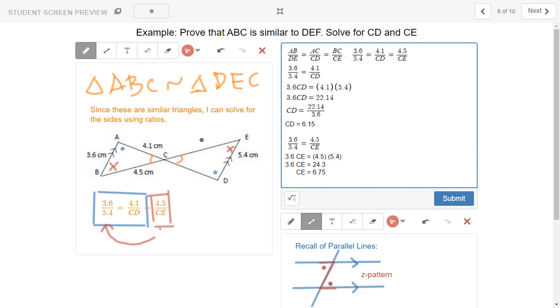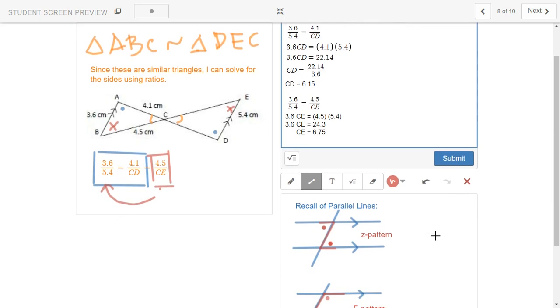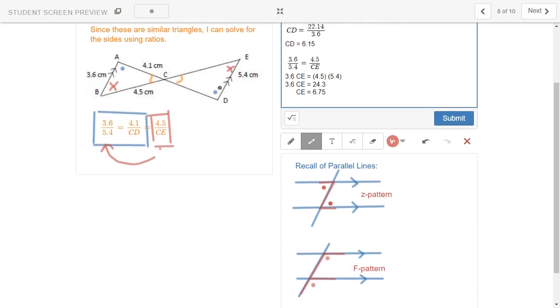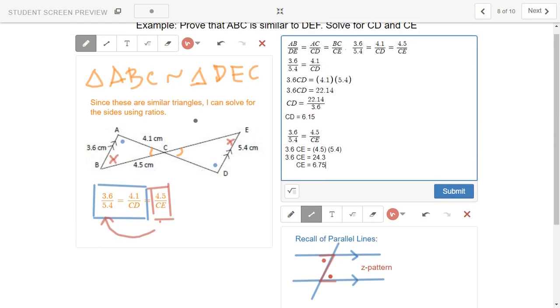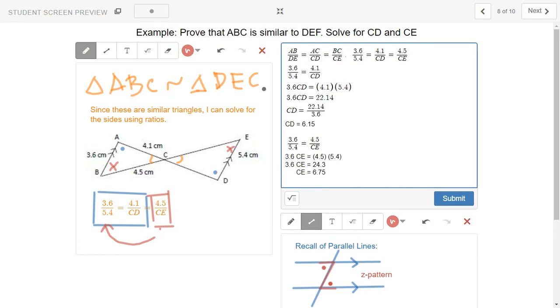We've solved for this using our ratios, and before we used the ratios, we had to use our Z pattern and F patterns or whatever patterns we needed to show that the angles were all the same so that we can say that these are similar triangles.